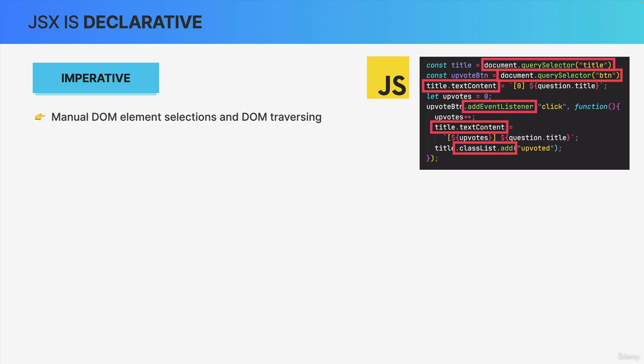Then, each time something happens in the app, like a click on a button, we give the browser step-by-step instructions on how to mutate those DOM elements until we reach the desired updated UI. So, in the imperative approach, we basically tell the browser exactly how to do things.